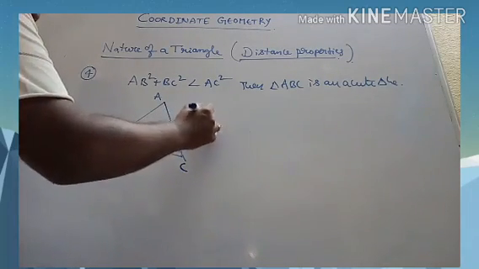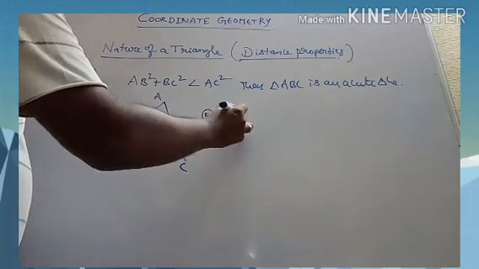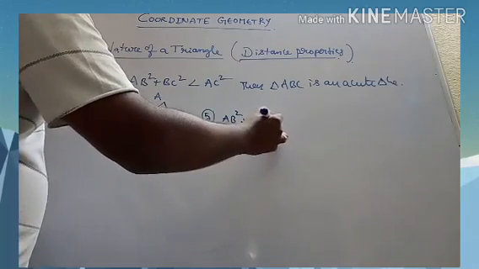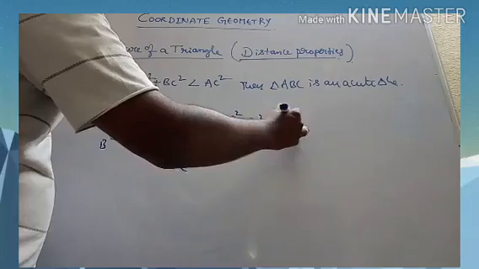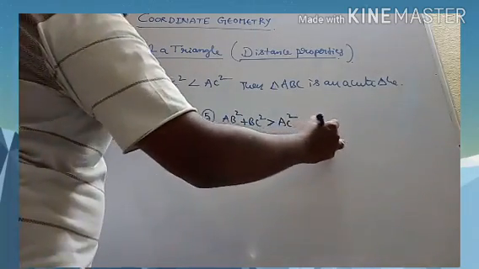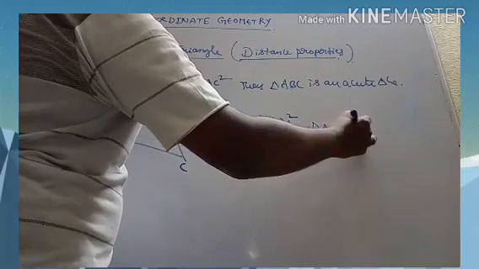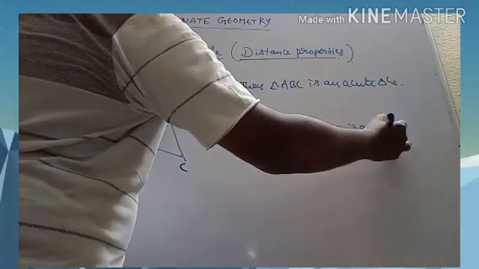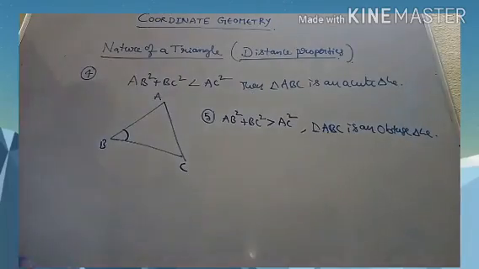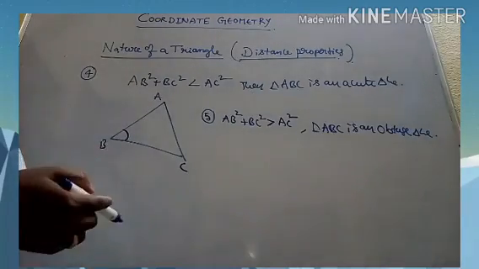Now you see another one, we can have AB square plus BC square is greater than AC square, like this. If it is greater than AC square, then we can say that triangle ABC is an obtuse triangle. Fine? Triangle ABC is an obtuse triangle.